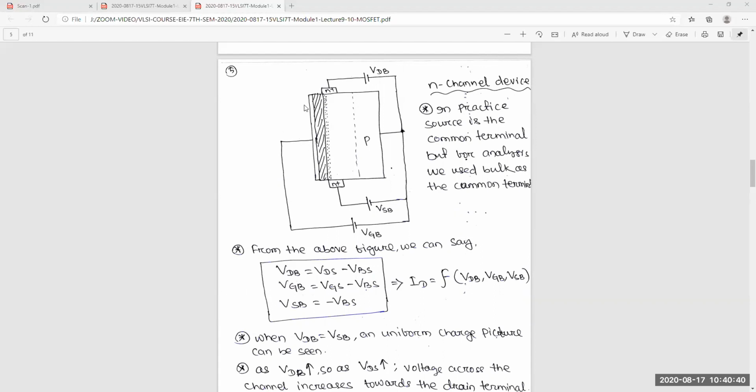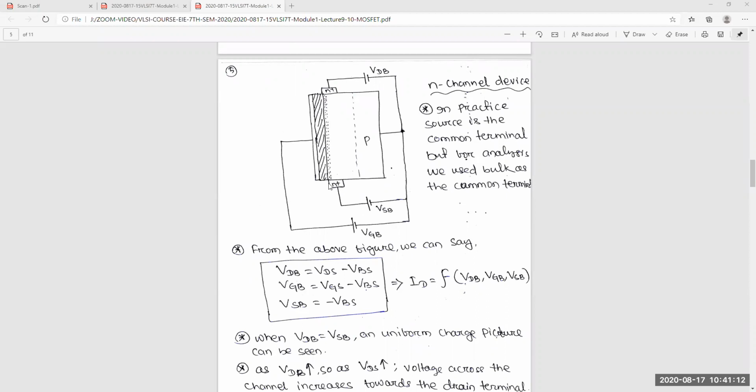That means if you calculate the gate to channel voltage, it will definitely decrease from here, because this is nothing but source. As the channel is formed, this is N type material, all electrons, that is nothing but the channel. Whatever voltage is there, it's like a short circuit.